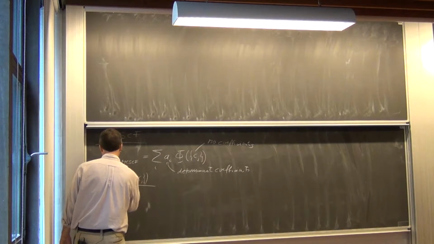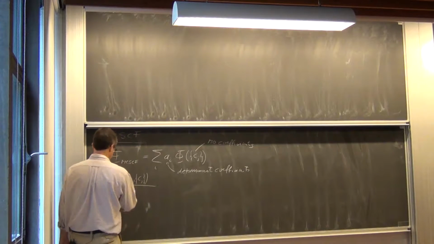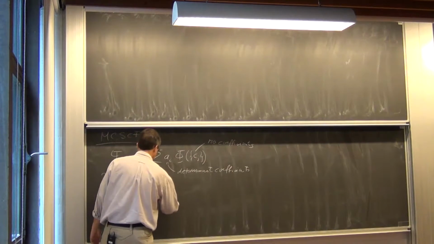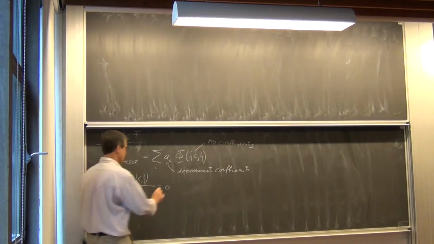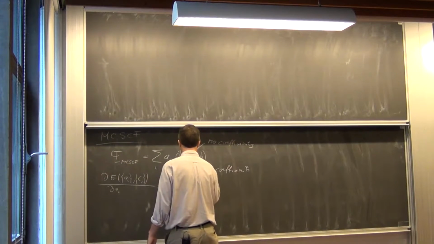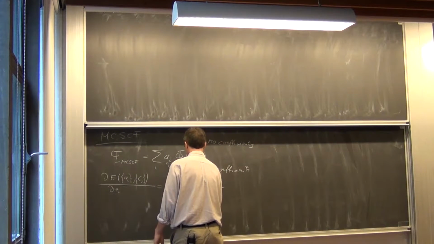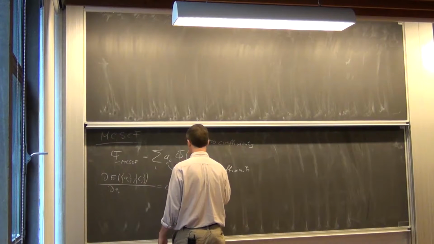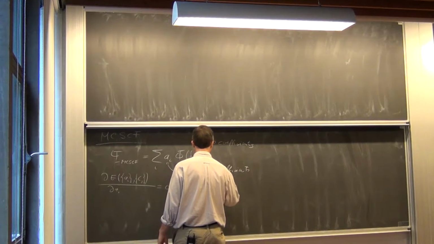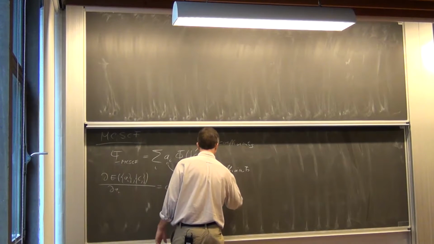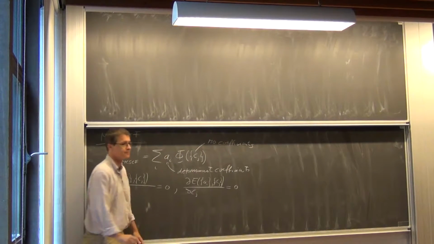I take the derivative with respect to the determinant coefficients and set it to 0, but also the derivative with respect to the molecular orbital coefficients, and set it to 0.